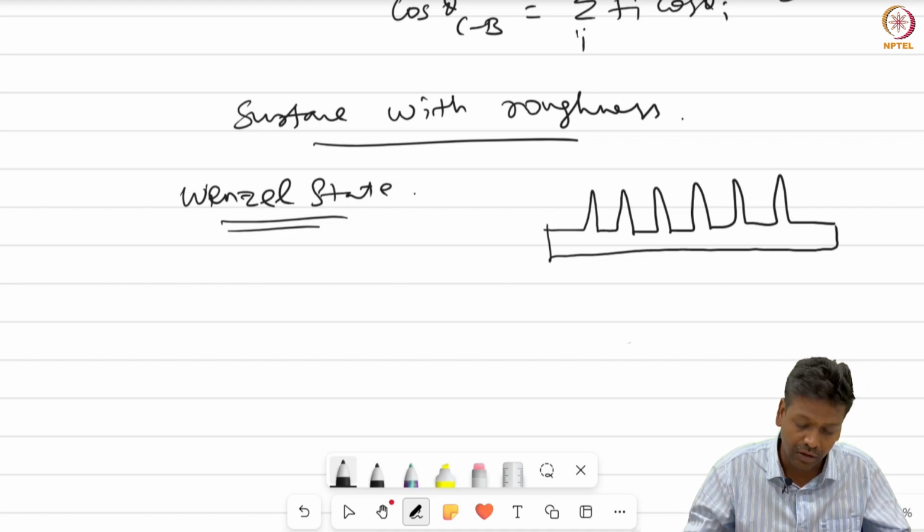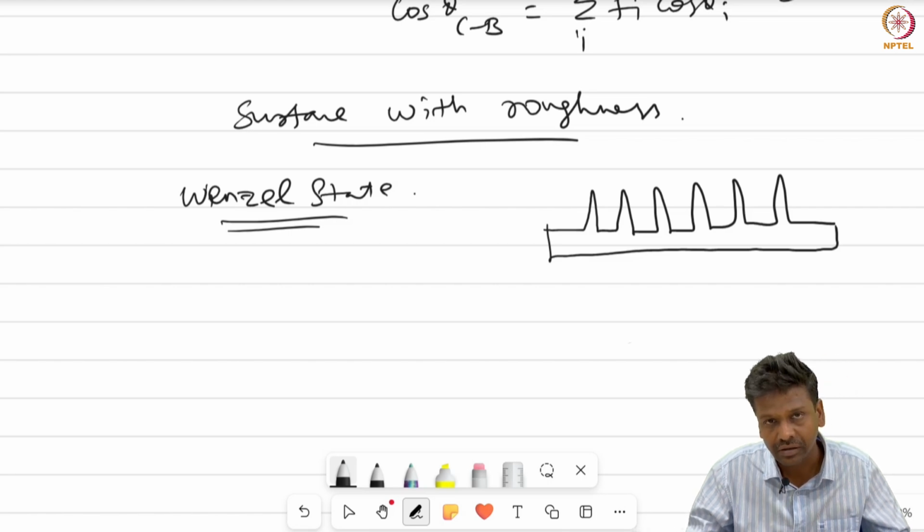Say, for example, if the surface is hydrophilic, the roughness will make the surface more hydrophilic. It is because this interfacial area is more significant than with the smooth surface, right?